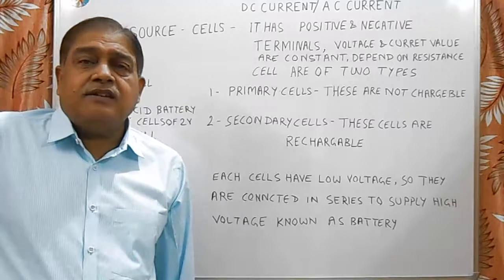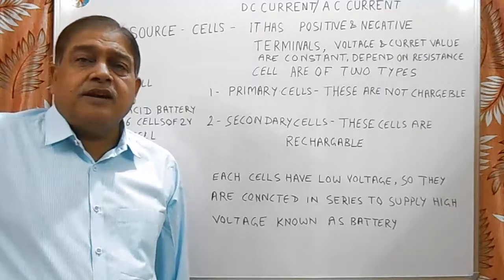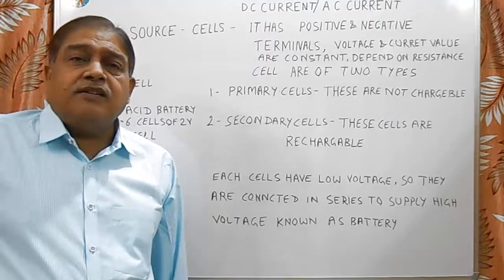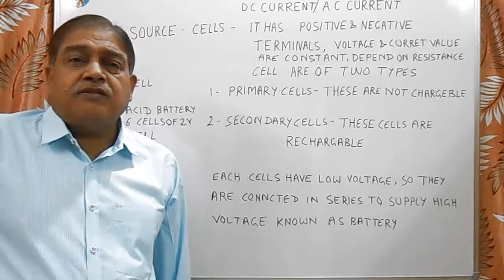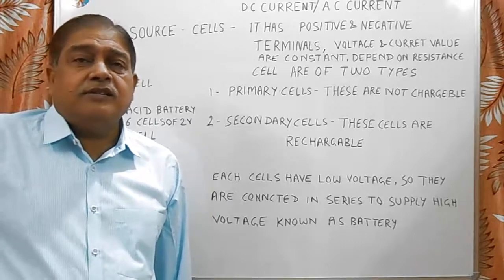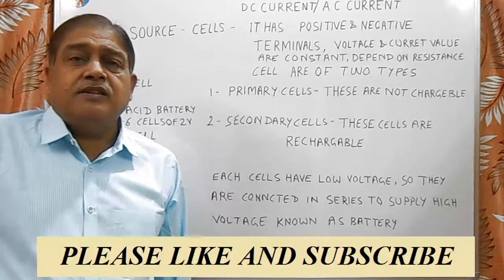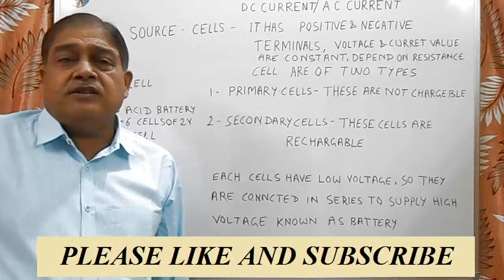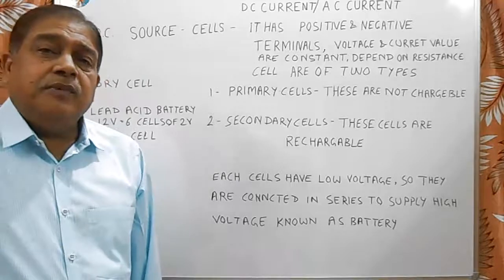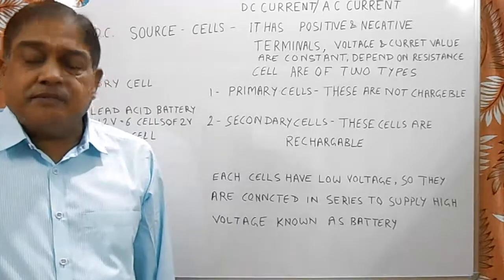In every cycle, there is a positive half cycle and a negative half cycle. Its voltage varies according to the sine function, so E is equal to E max sine omega t. That is the formula of AC voltage. The positive half cycle and negative half cycle make a complete cycle.